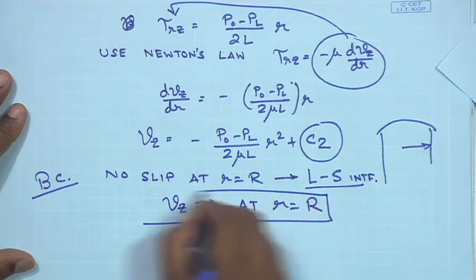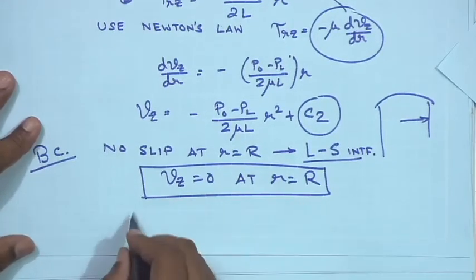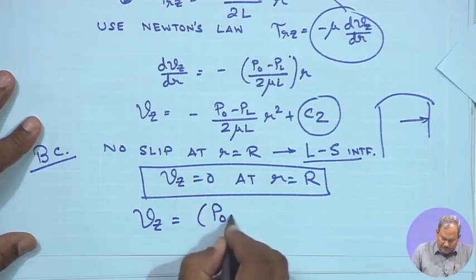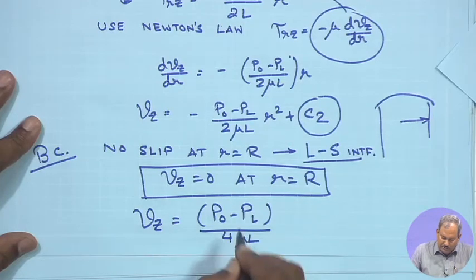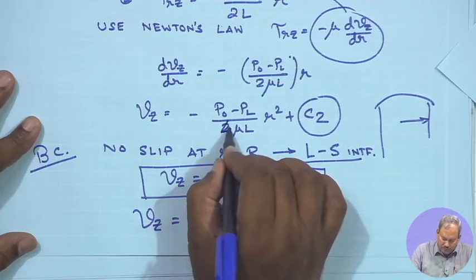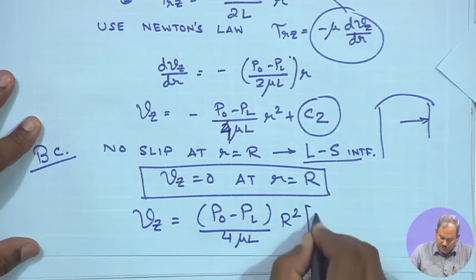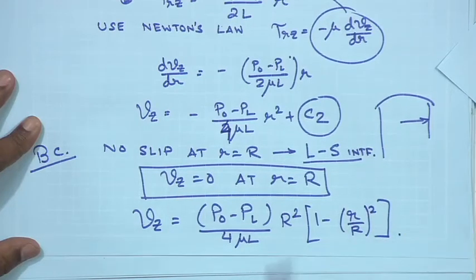So, that is the second boundary condition which one can use to obtain the final expression of velocity as Vz equals P0 minus PL by 4 mu L. In fact, this should be 4 mu L times R square times 1 minus r by R whole square. Okay.